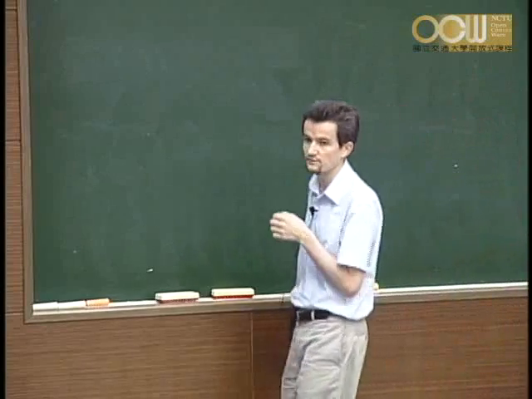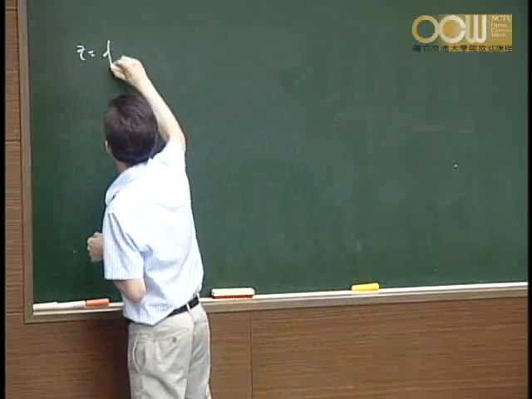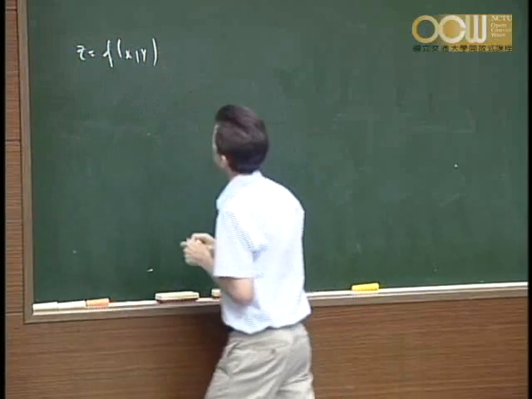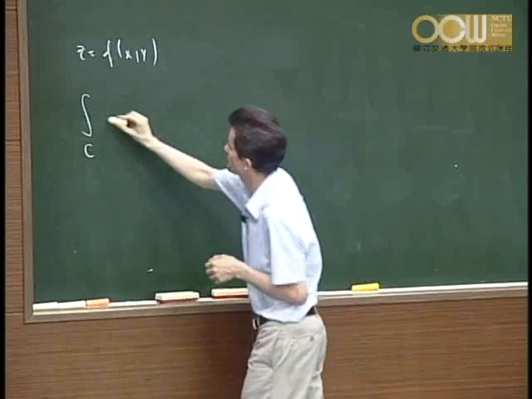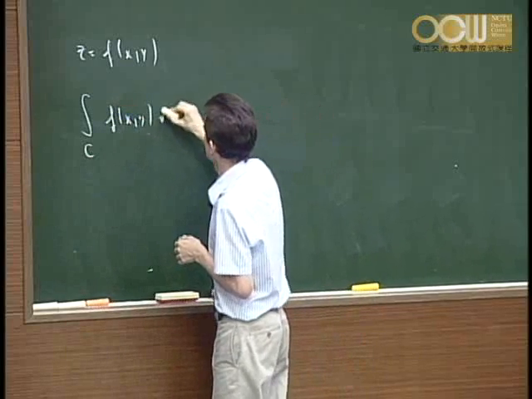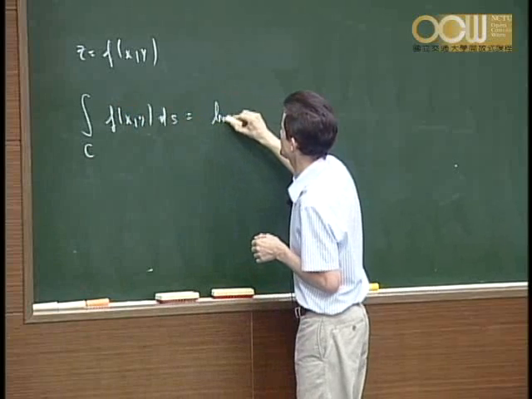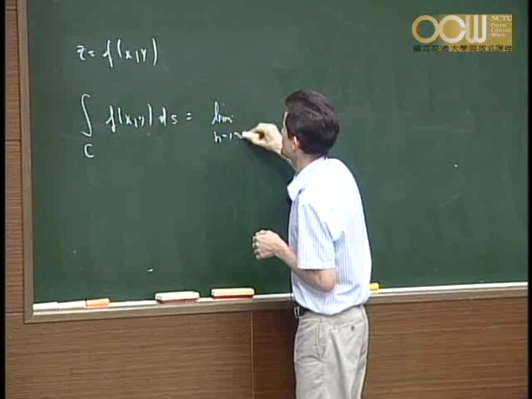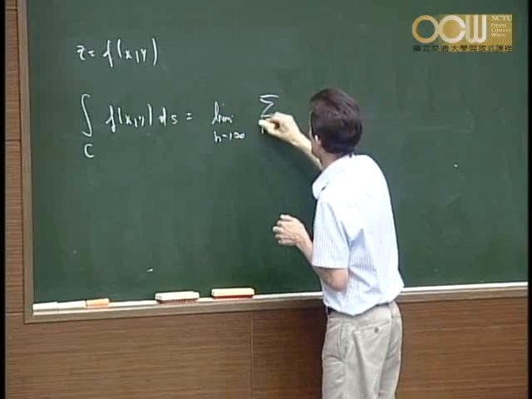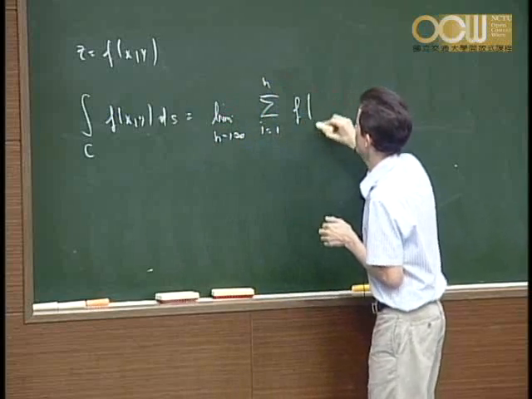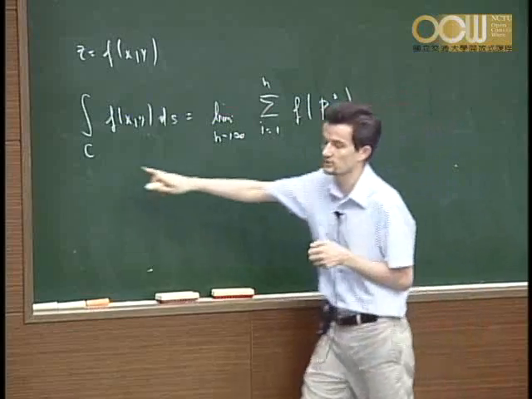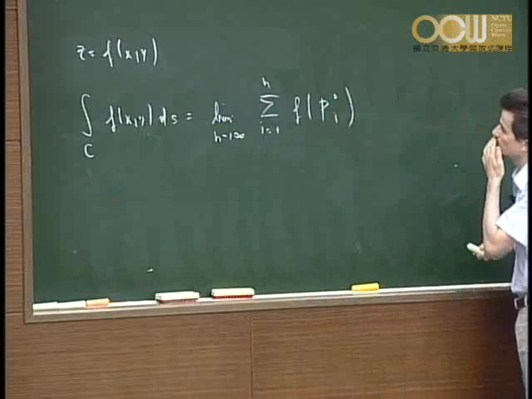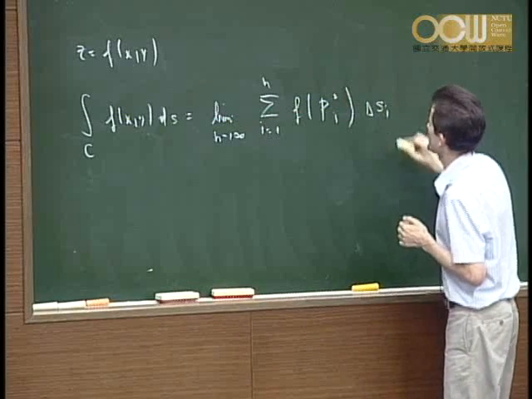So last time we defined the line integral for a function of two variables. The line integral along some curve C of this function f(x, y) ds, by definition, was the limit as n tends to infinity of the sum from i equals 1 to n of f evaluated at some sample points which we chose on the curve, multiplied by the length of the arc.